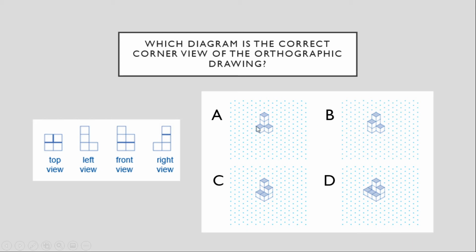Well, A has how many squares? It has 1, 2, 3 on the base. This has 4. So we already know this can't be it. What about this one? This is 1, 2, 3. Again, that wouldn't work. But additionally, this wouldn't work because the front view wouldn't be accurate. So let's see, front view is accurate, right? Change in depth, and the back view has that.